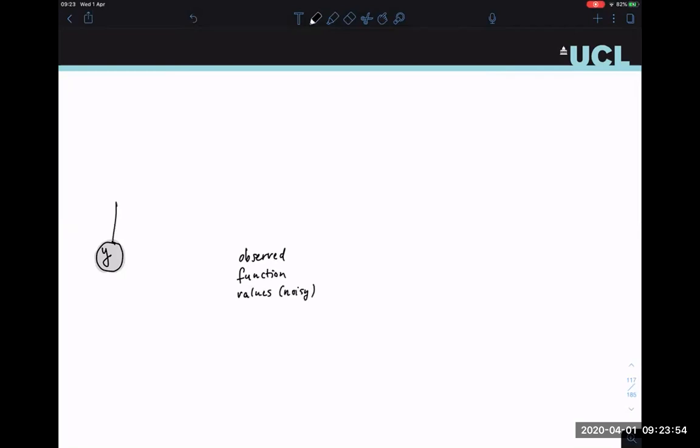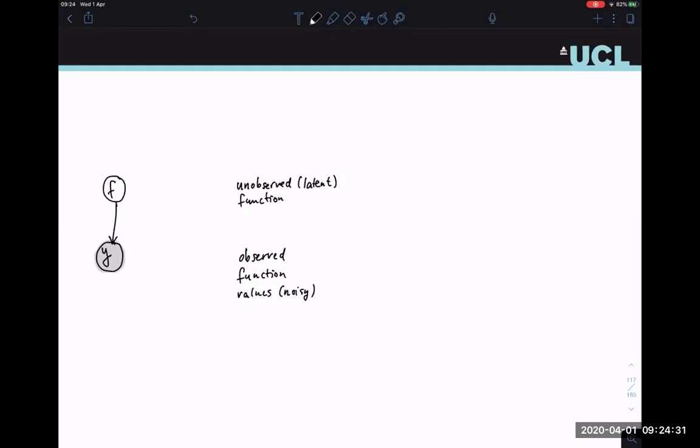Then we have the function itself. That function is an unobserved quantity, so I'm going to make this a non-gray node. That's the unobserved function, which we also call the latent function. Now in the Gaussian process case, we have these hyperparameters, so the length scale parameters.